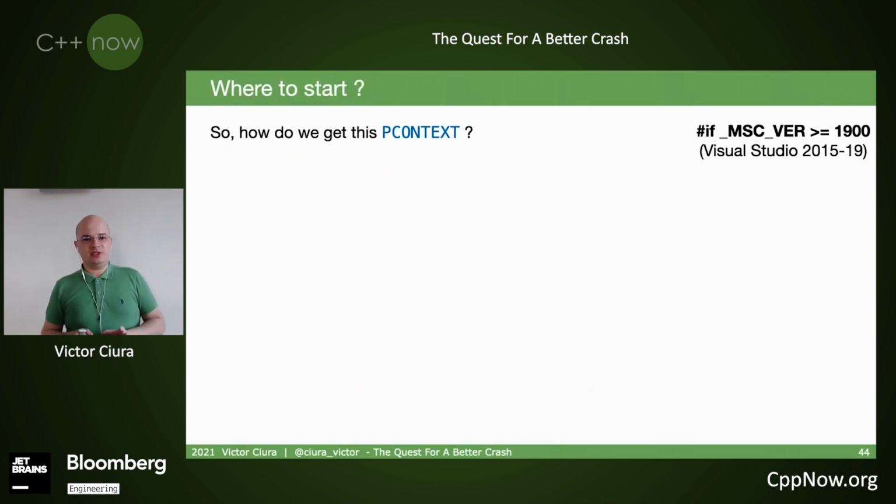So getting back to the PCONTEXT, how do we get this? For example, if we're not in the situation where we were informed in the callback by the CRT about a particular context, for example, in an SEH translator. For example, if we want to get a context at a particular point, and get a stack trace from a particular point, like on demand, log this stack trace.